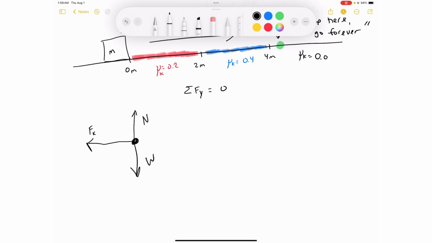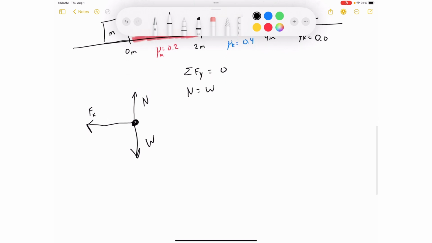And so that means that the normal force then equals the weight force, right? Or N minus W equals 0, or N equals W. Okay? So that's cool. That's in the y direction, but what about the x direction?